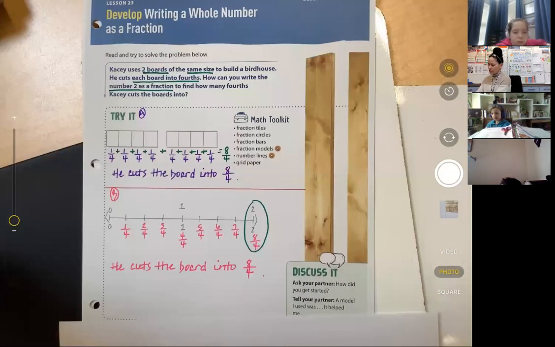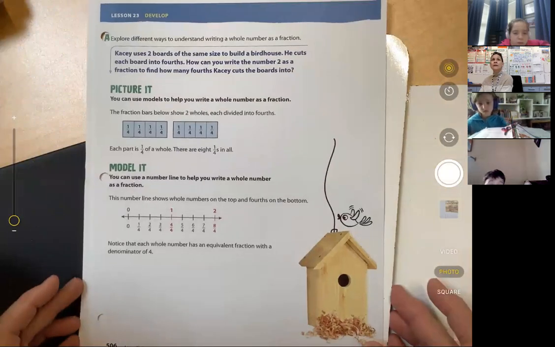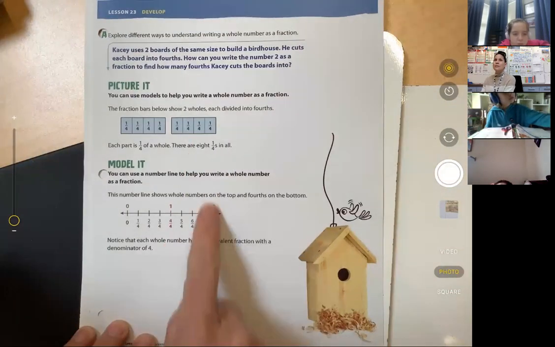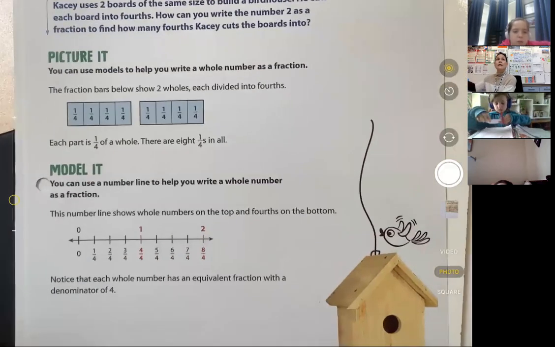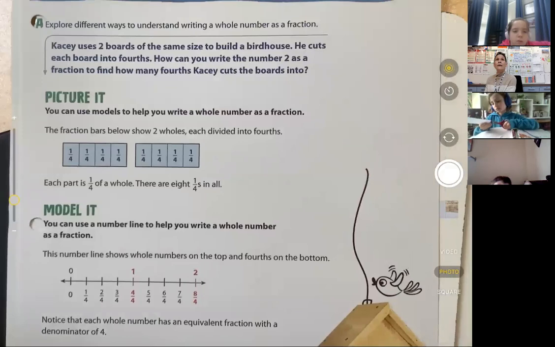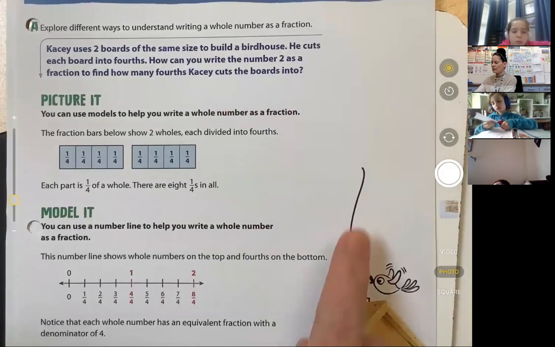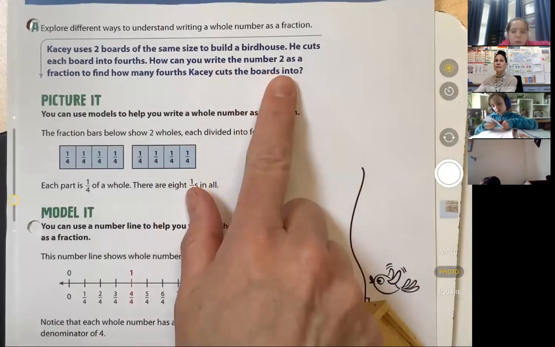Please turn now to page 506. It looks like this has a little birdhouse on it. We're going to go back to Casey's birdhouse. And they're going to give you, again, some ways to picture it, as we've done in the past. So it is talking about Casey using the boards. Boards are the same size. Boards are in fourths, writing 2 as a fraction.